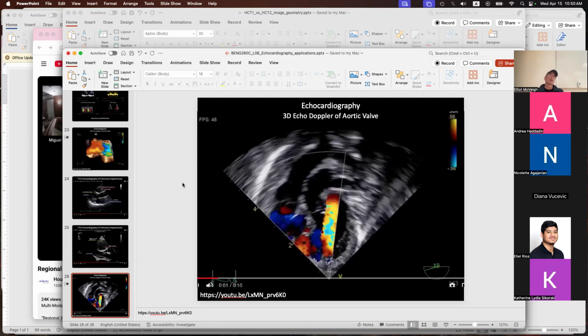Because traditionally what you did was you did a slice, click the slice, another slice, click the slice, another slice. But now they have big transducers that'll do the whole thing.